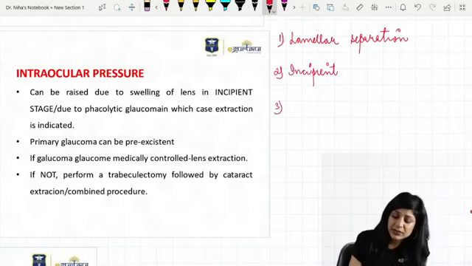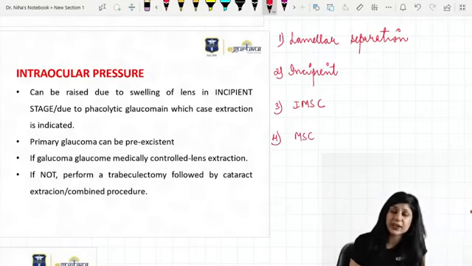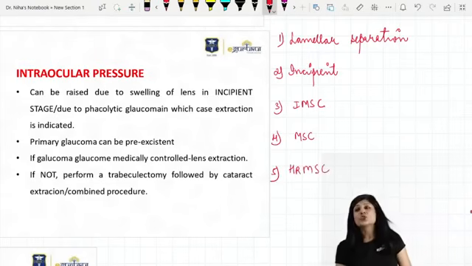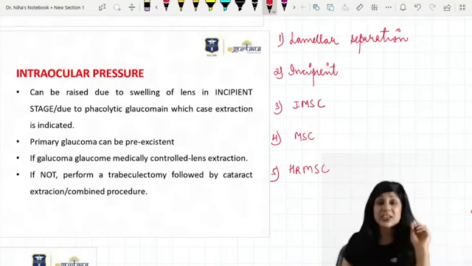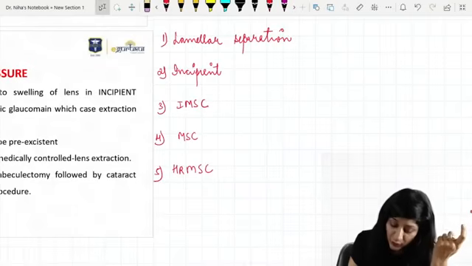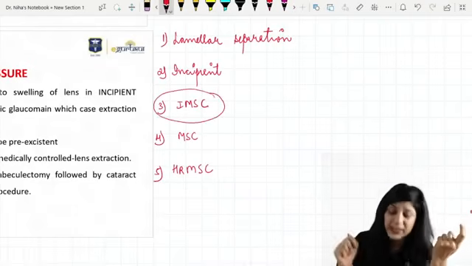Then number 3 is the immature senile cataract. Number 4 is the mature senile cataract. And number 5 is the hypermature senile cataract. Right. So there is a stage in which we can have the rise in intraocular pressure, and this stage is the immature senile cataract.